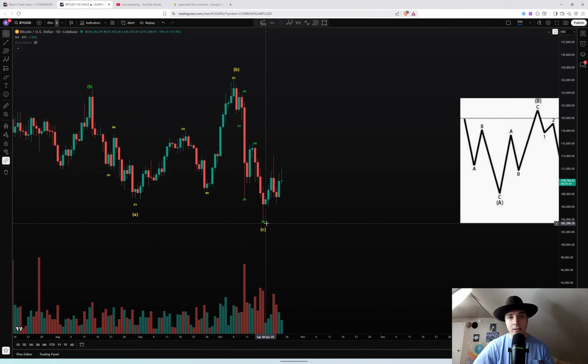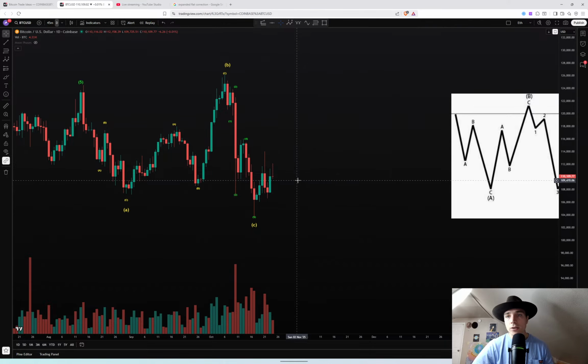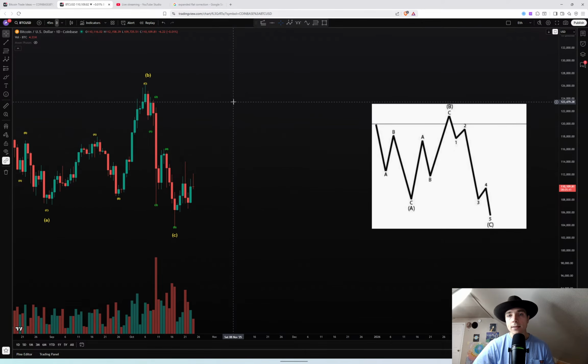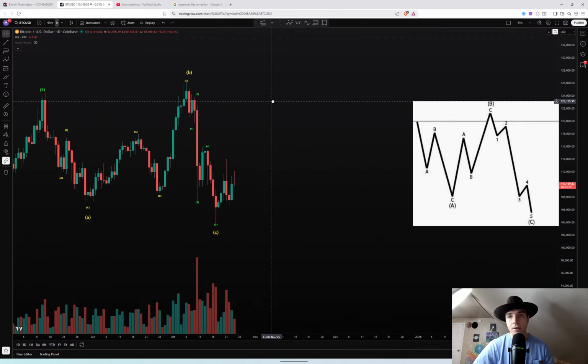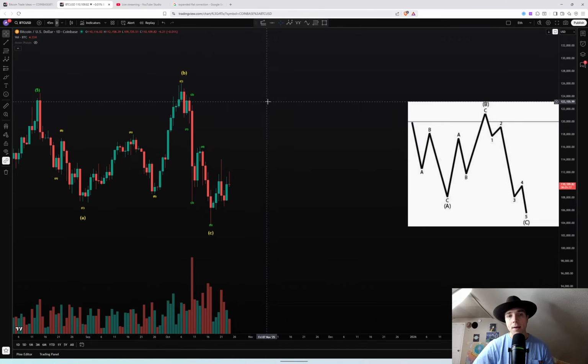From the B wave to C wave, we have our 5-wave down, and we have ABC subwaves from the top of wave 0 down to the bottom of wave A, from the bottom of wave A to the top of wave B, ABC subwaves. But we have a 5-wave impulse down from B to C. So essentially, that's an expanded flat correction. That's what this is on Bitcoin.